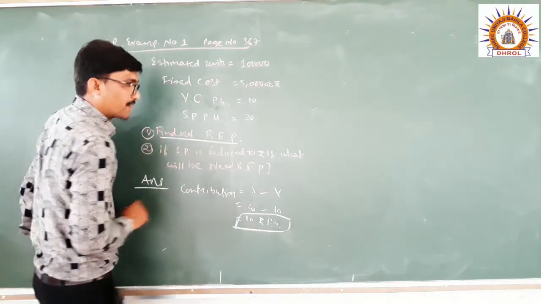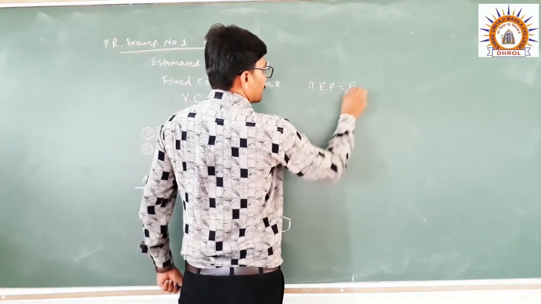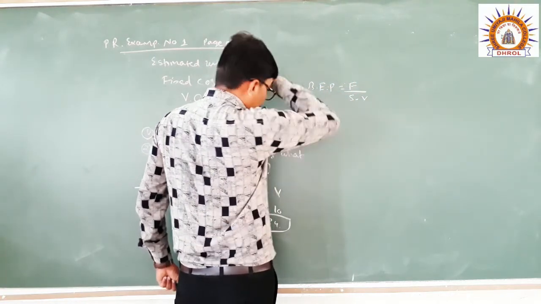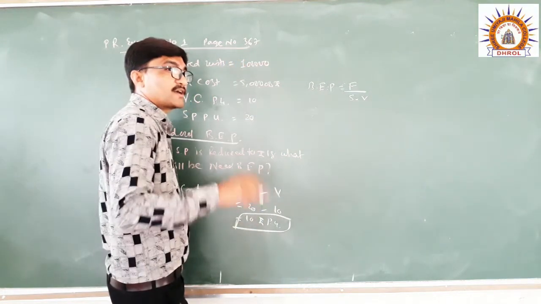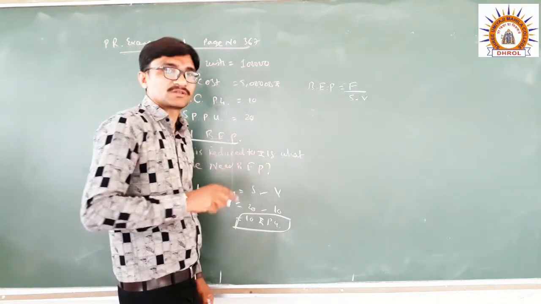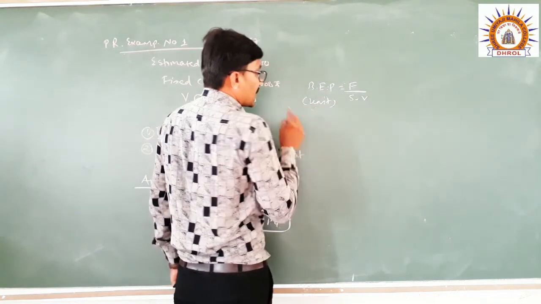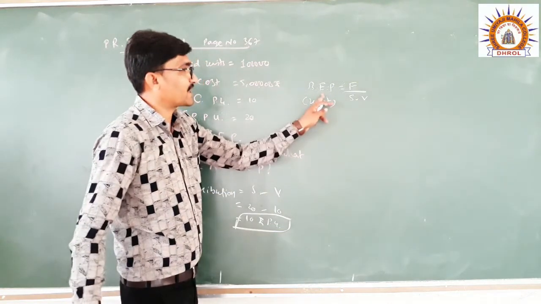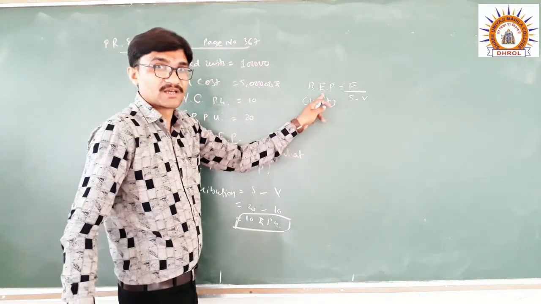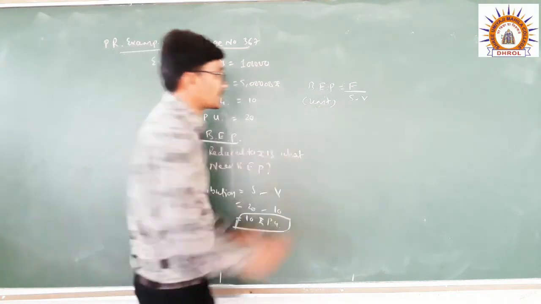Then find out the break-even point. The simple formula is F upon S minus V. Here the specification is not required, so you can calculate in terms of both, that means in terms of units as well as in terms of rupees. That means break-even sales in terms of rupees, and break-even point in sales units.